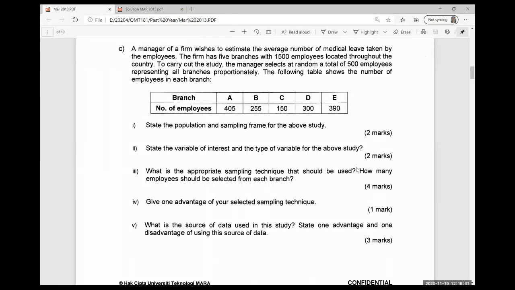To carry out the study, the manager selects at random a total of 500 employees representing all branches. There is a term here, it says representing.